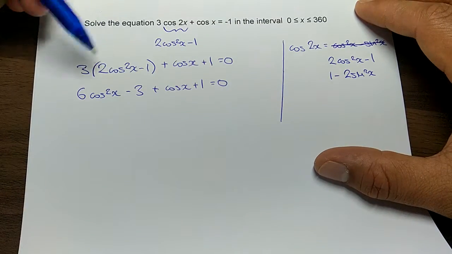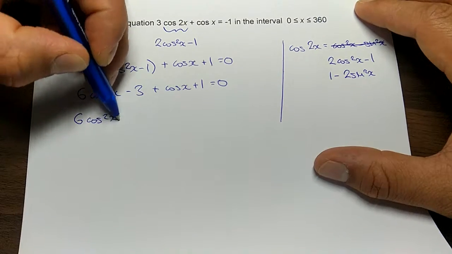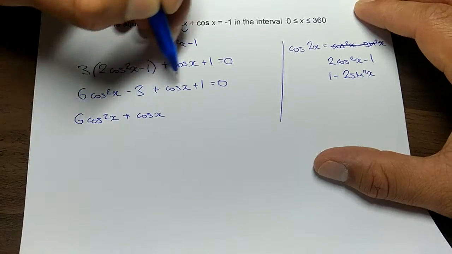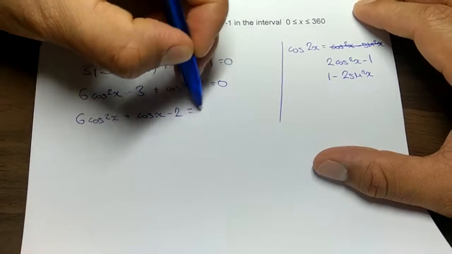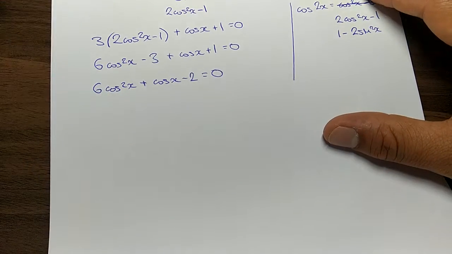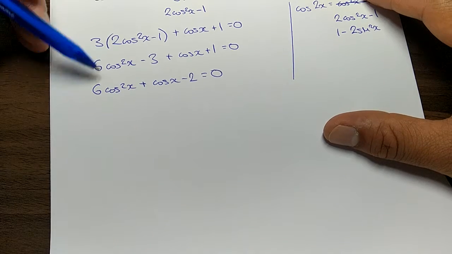So taking all like terms together, we have 6 cos squared x, we have a single cos x, and we have a -3 and a +1, so we have a -2. Then we want to factorize this, and it is a quadratic, but it looks a bit horrible the way it currently is.